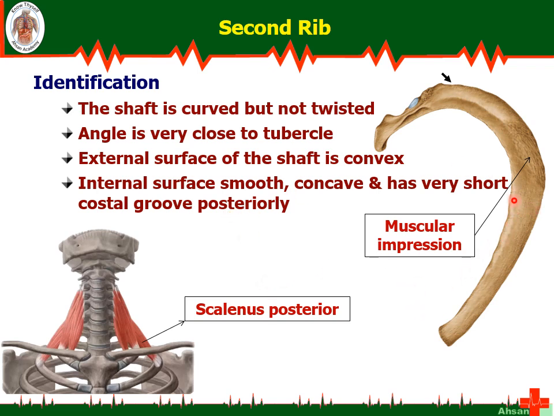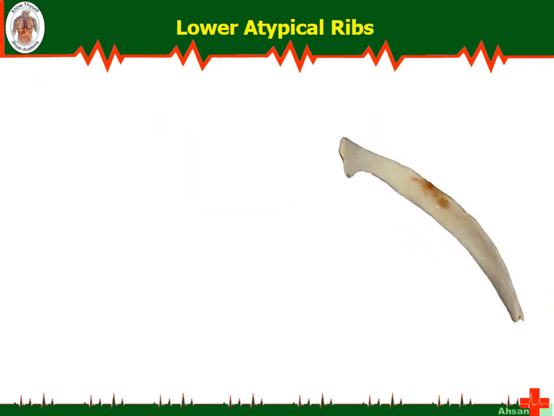The inner surface of the second rib is smooth, and usually there is no costal groove, but it may be present in the posterior part close to the outer border, though very short. In a typical rib, the costal grooves are very long and present all throughout the length of the shaft.